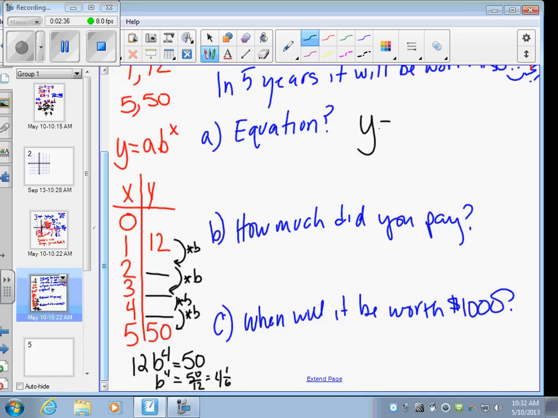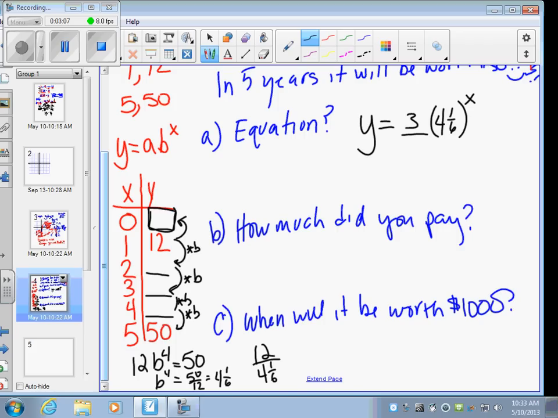So y equals, I still don't know a, but I know b is 4 and a 6th. So that part of my equation I can write. Now to find out what the a value is, remember that's just the 0th term. I could either back up and take 12 and divide it by 4 and a 6th, which is going to be around 3 or something like that, and I could find it that way.